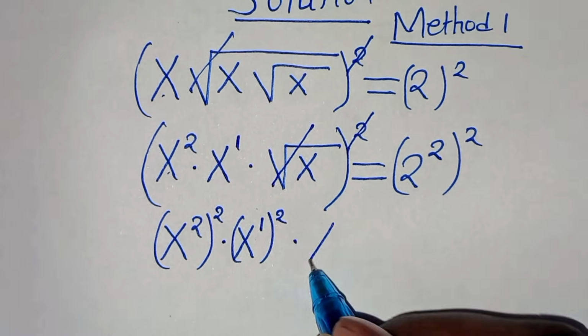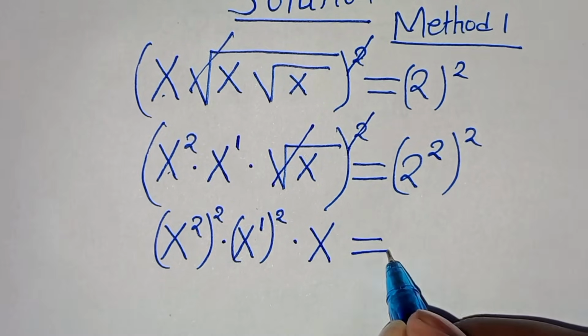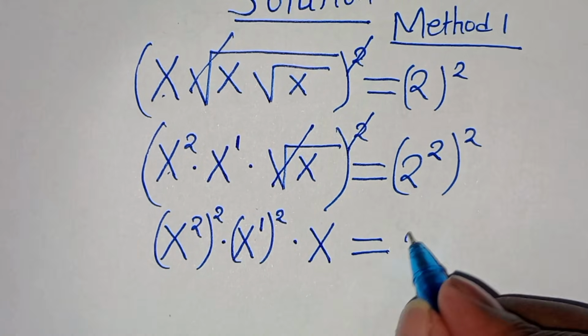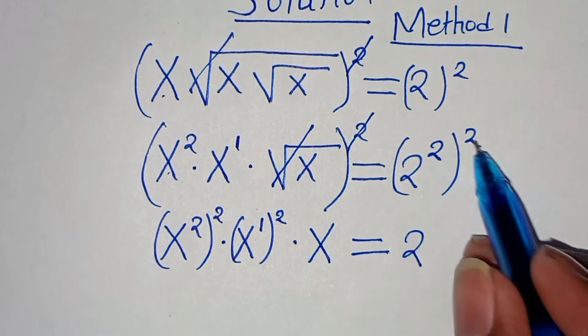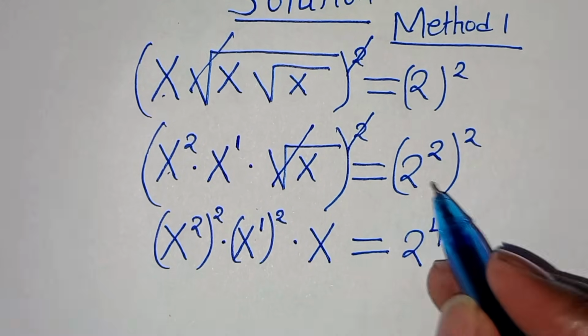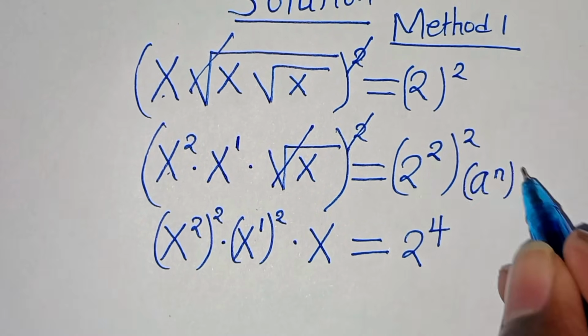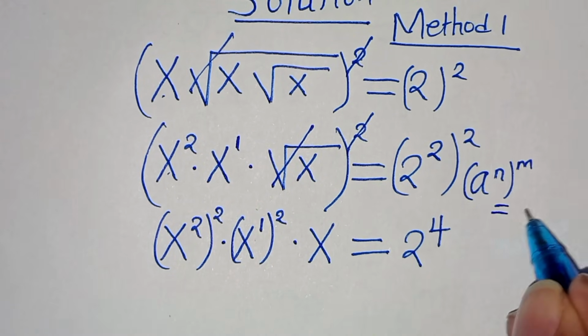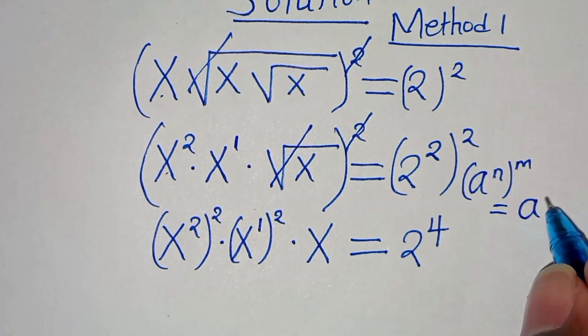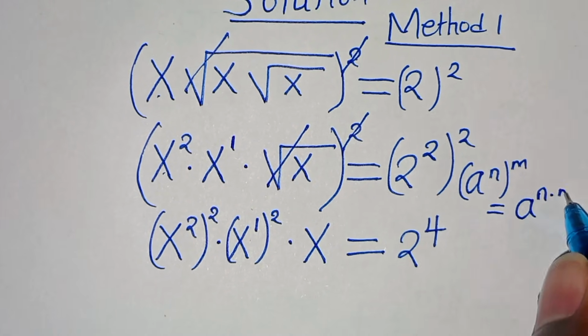So this is times x, and this is equal to 2 raised to the power of 2 times 2, which is equal to 4. Remember, this is in the form of a to the power of n raised to the power of m, which can be expressed as a to the power of n times m.